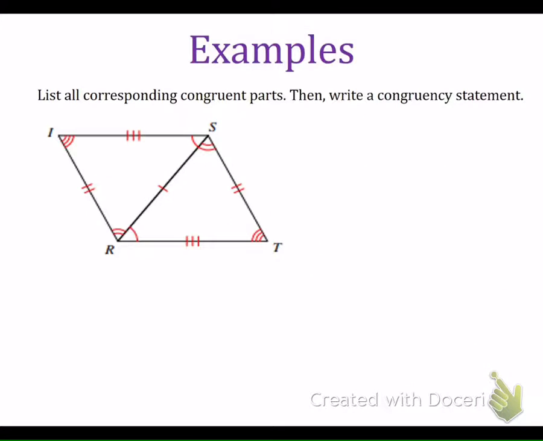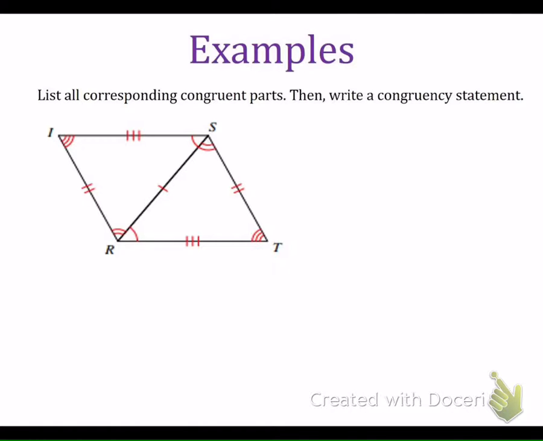All right. Now, this is just a quick review of what we did yesterday. So I want to list all the corresponding congruent parts. So we have how many angles? 3 angle congruent statements. 3 angles match with 3 angles, okay?